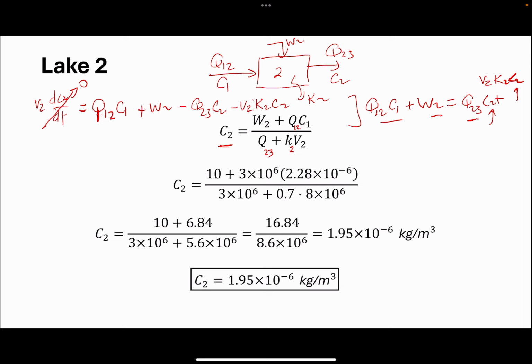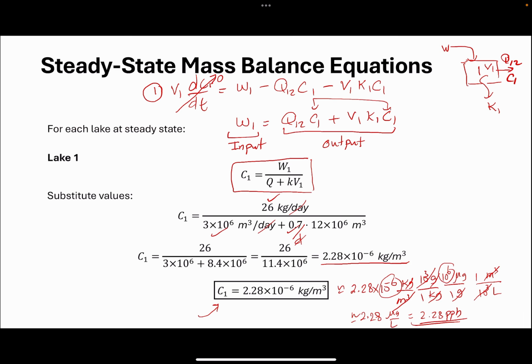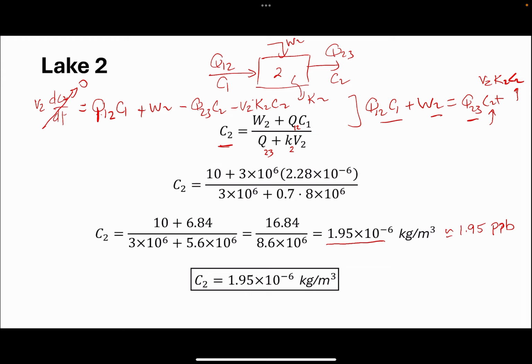And if you plug in the numbers, you will get 1.95 × 10^-6, which is almost equal to 1.95 part per billion. Imagine what was the concentration before? 2.28 leaving lake 1. It will be 1.95 leaving lake 2.